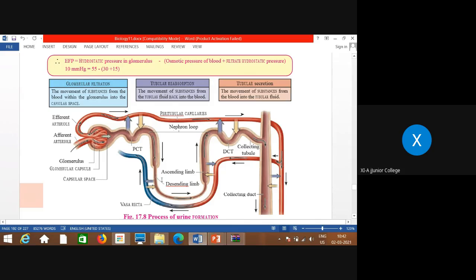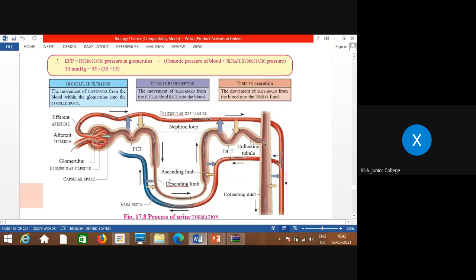It is shown also. Now one more thing you can observe: the thickness of the limbs. The proximal part of the ascending limb is thinner, and the distal part of the ascending limb is thicker.